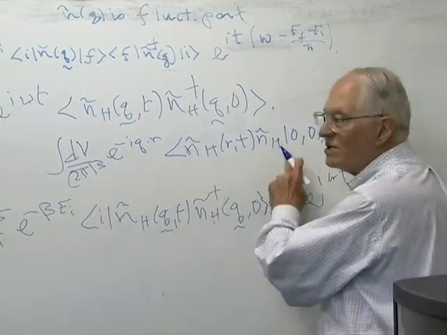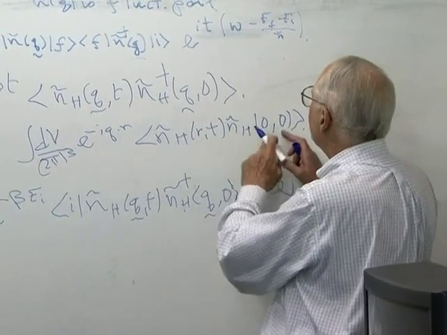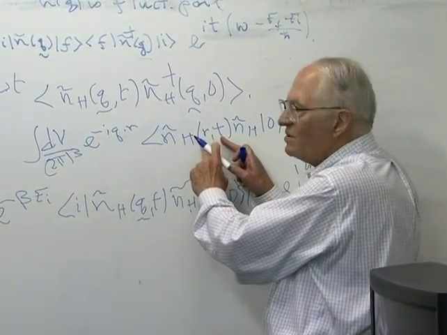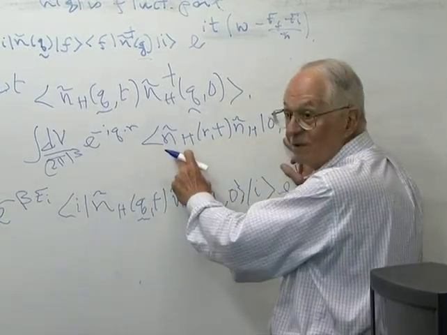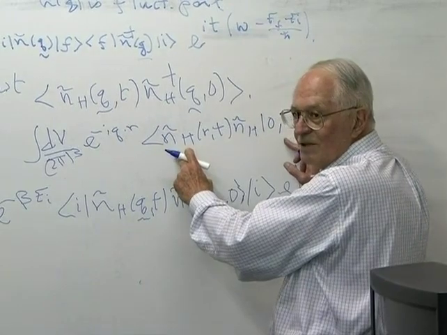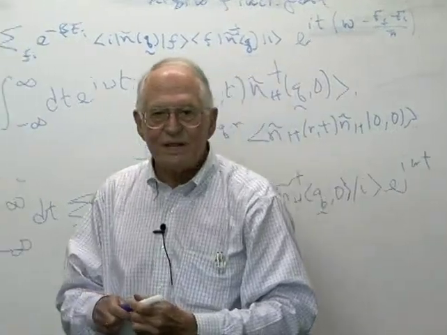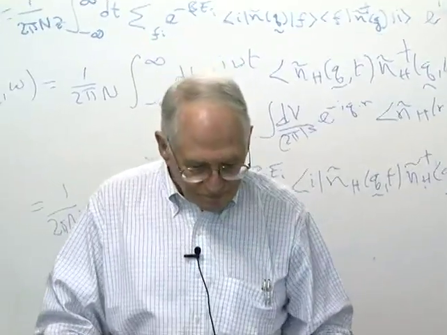So you get this ensemble average, and assuming this is translationally invariant, it only depends on one being at the origin, one at time t and position r. So this is a four-dimensional Fourier transform of this function. Okay, and so you end up with these correlation functions of Heisenberg operators, in this case density fluctuations at different times. Okay?